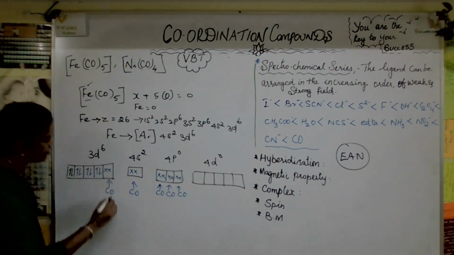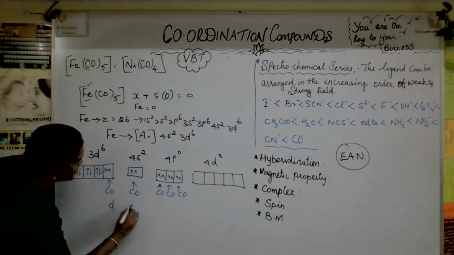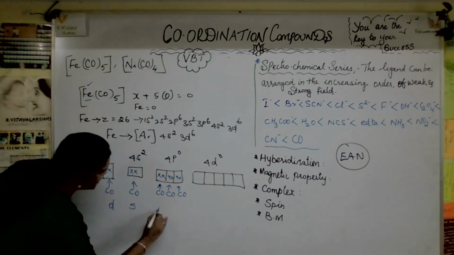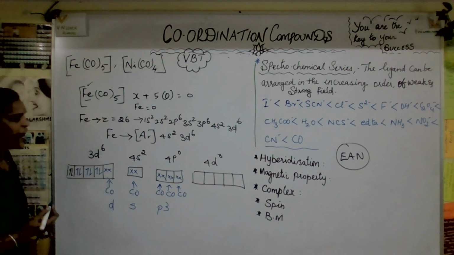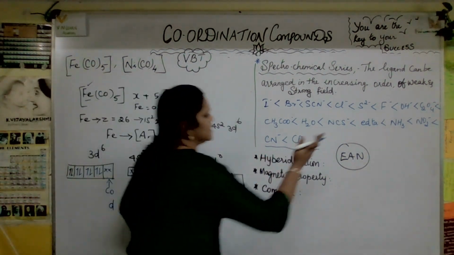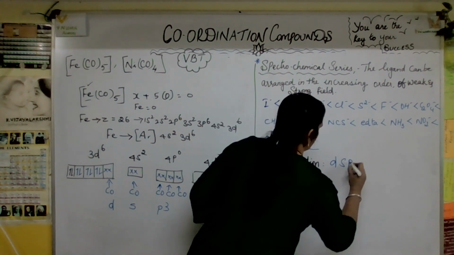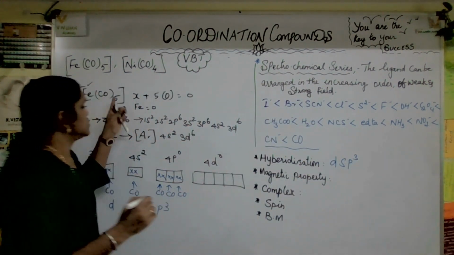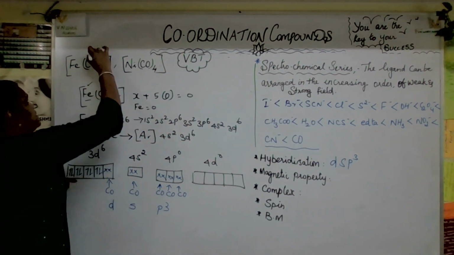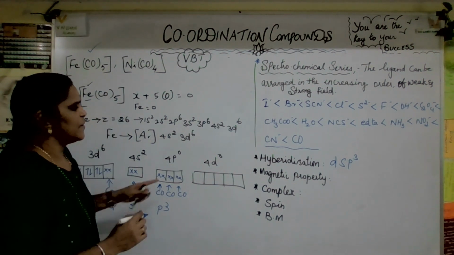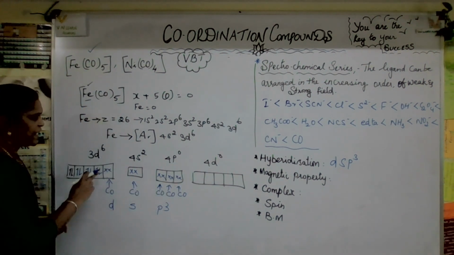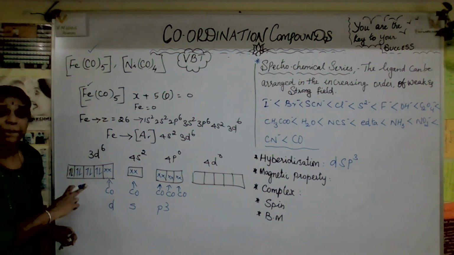The hybridization is dsp3. So FeCO5 has dsp3 hybridization. For the magnetic property, are there any unpaired electrons?